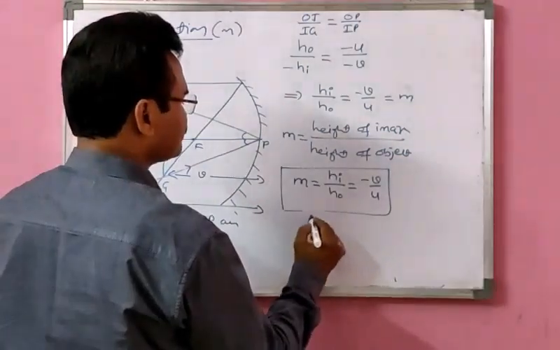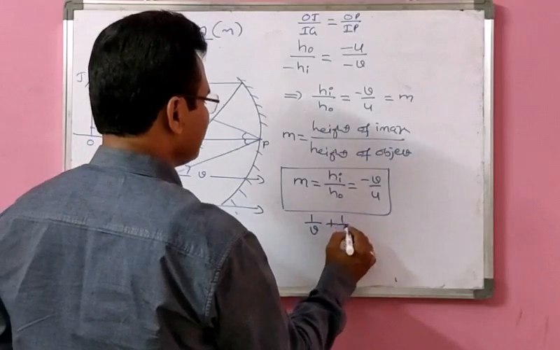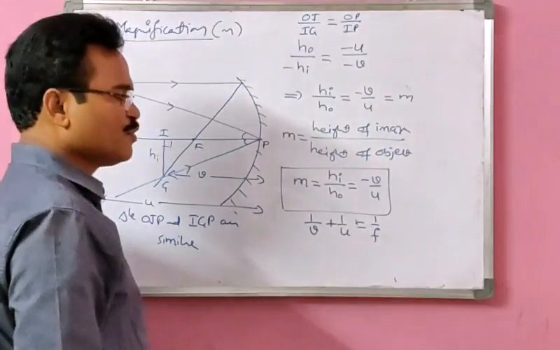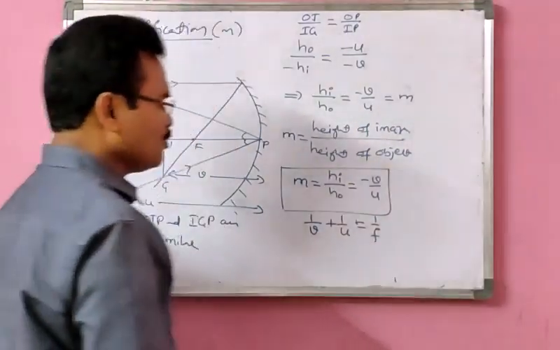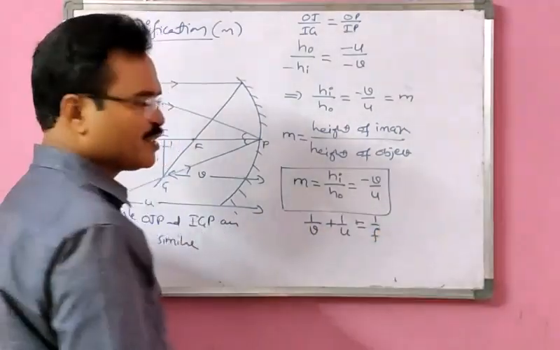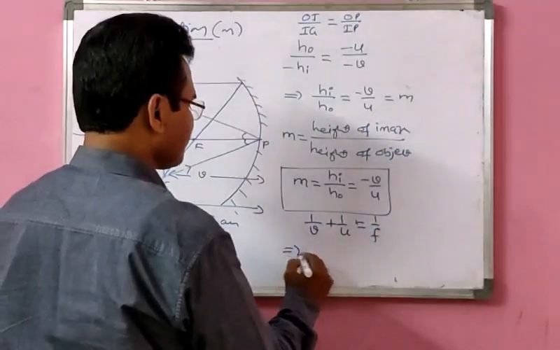Suppose we have the formula 1 by V plus 1 by U equals 1 by F. If you want it in terms of U, you have to eliminate V here. So multiply both sides by U. What do you get here?